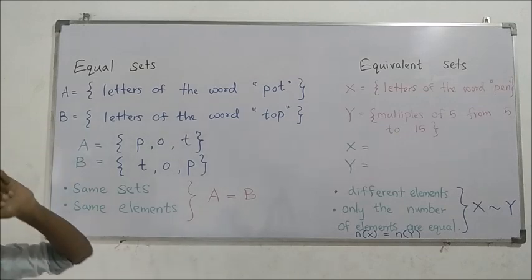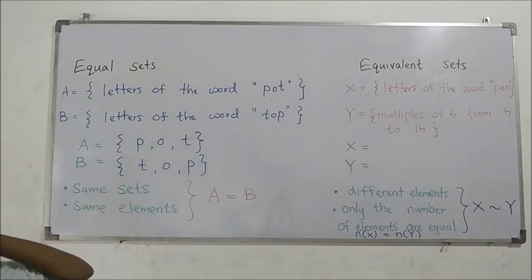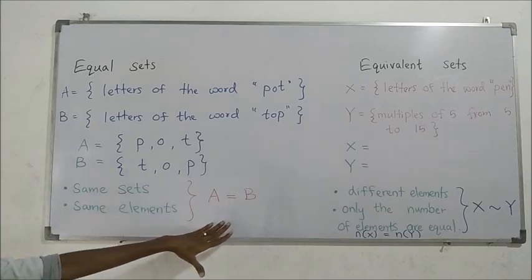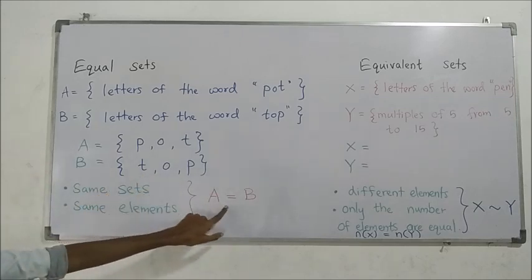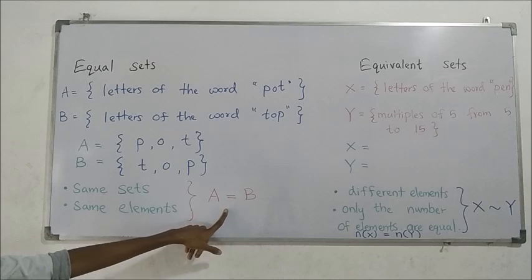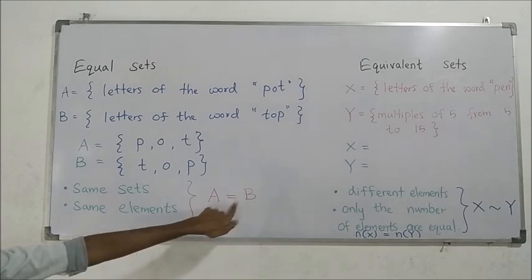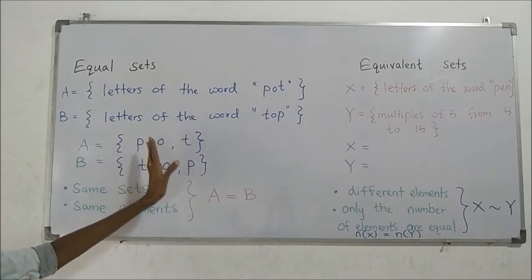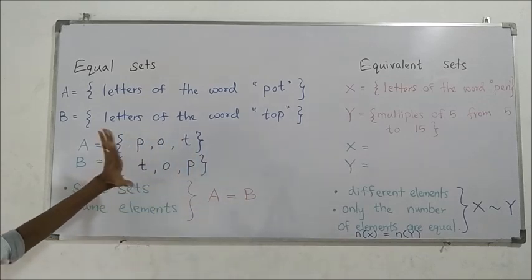If there are same elements, if there are same number of elements, they are called equal sets. Okay, so this is how we represent them. A equals B completely by the elements and by the number of elements in both ways.